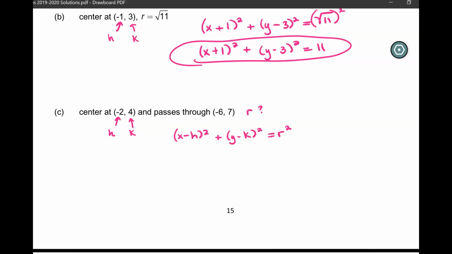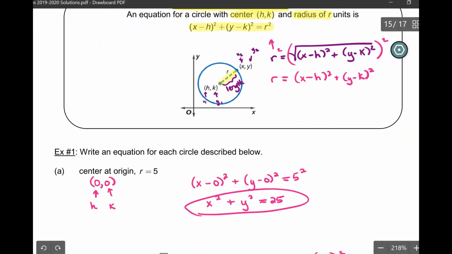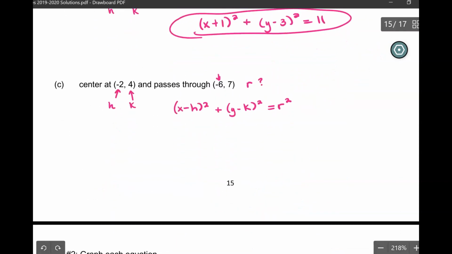The -6 and the 7 represent, remember up here, x and y, a point on the circle. So if I say -6 is x and 7 is y, I can plug in and figure out what r is. I have -6 minus -2, because that's h, so that's going to be plus 2 squared. And then I have 7, which is y, minus 4, which is k, squared, equals r squared.